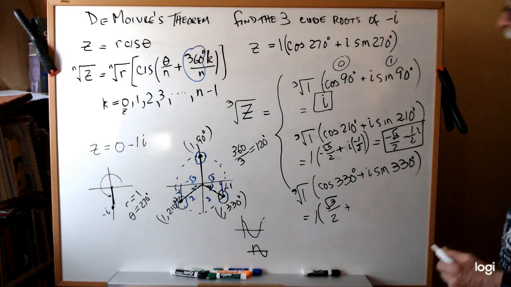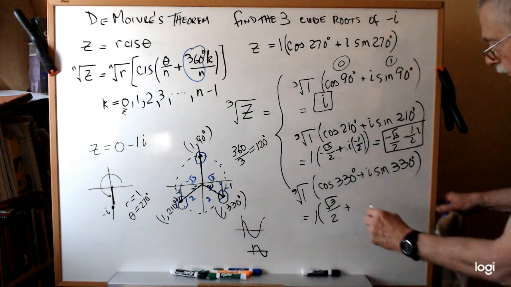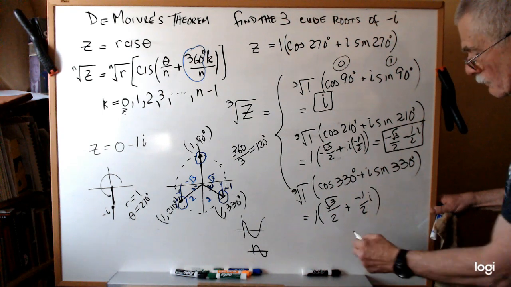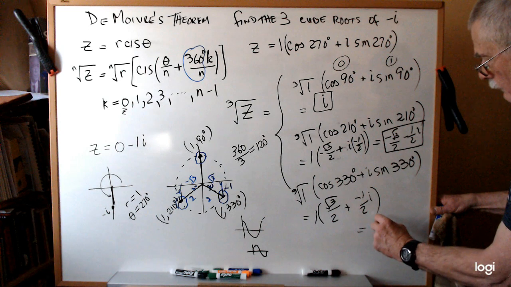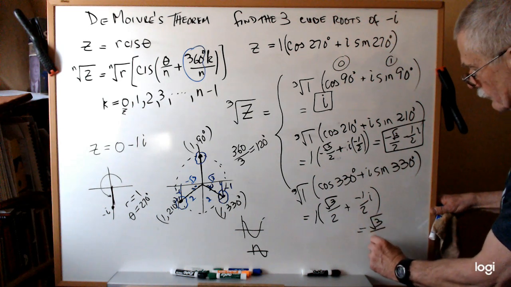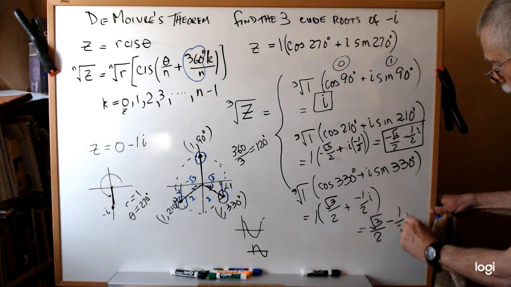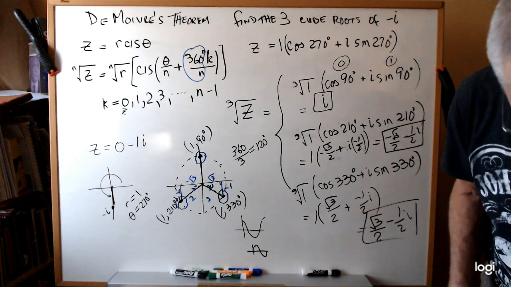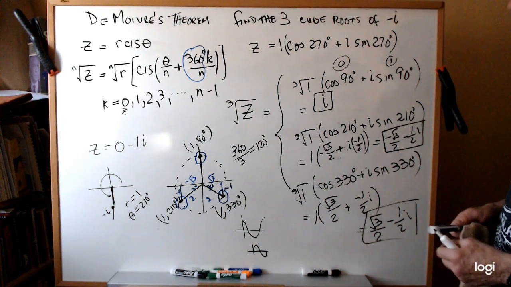And the sine is negative a half. And when the smoke clears, you get rad 3 over 2 minus 1/2 i. And those are your 3 cube roots of negative i.